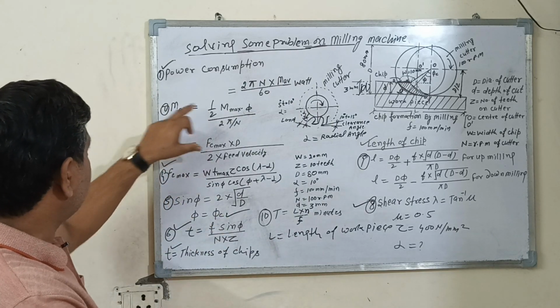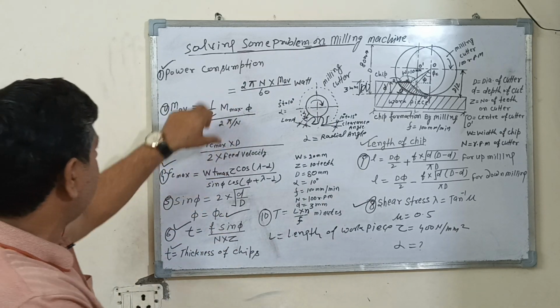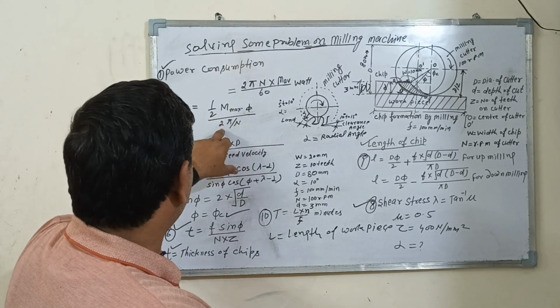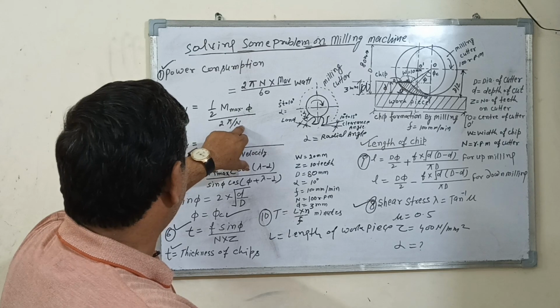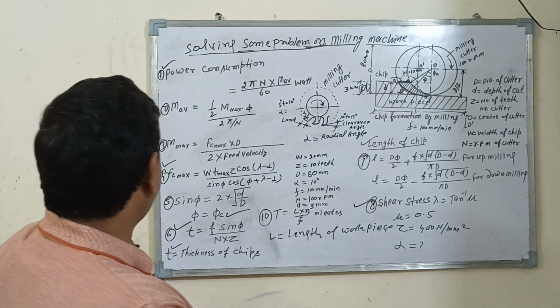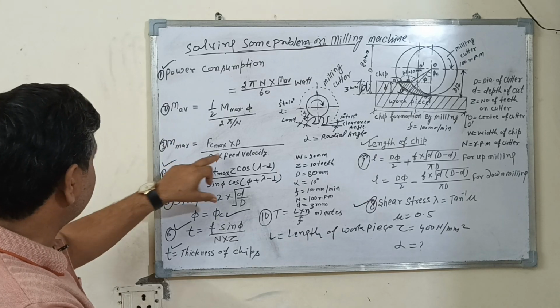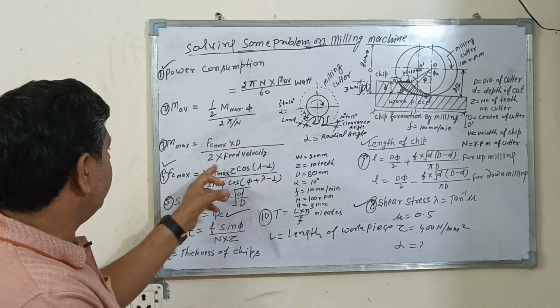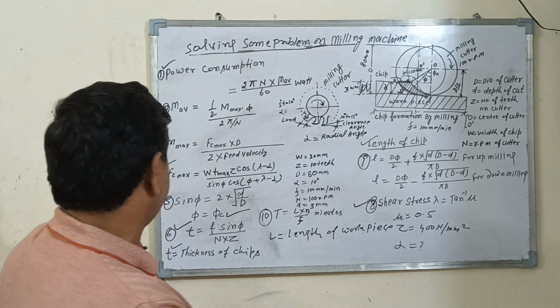For the calculation of the average moment, you can use this formula: half of the maximum moment times pi divided by 2 pi N. The maximum moment is calculated with this formula: the maximum cutting force into D divided by 2, into feed velocity.